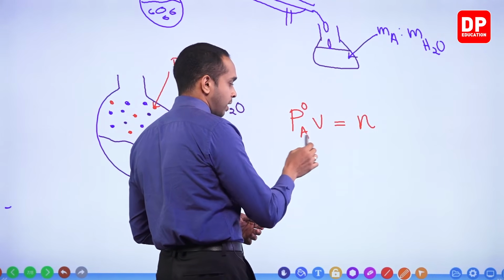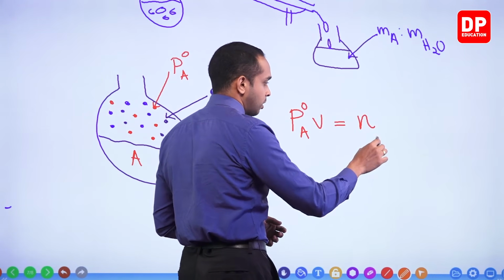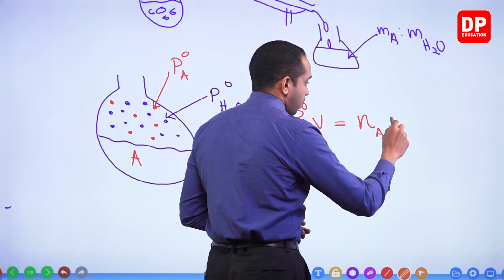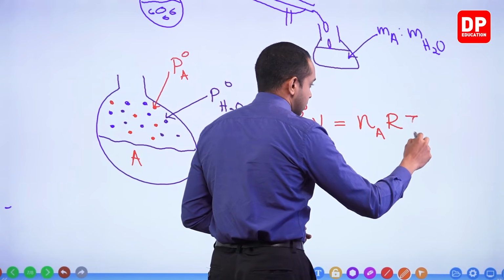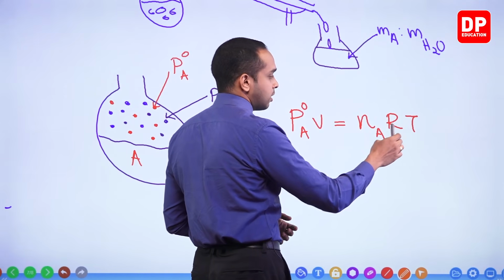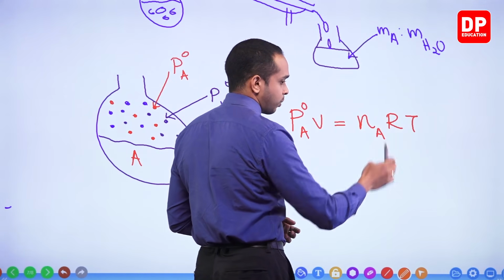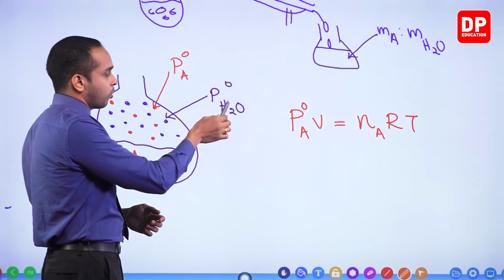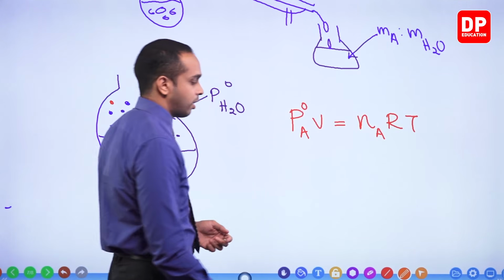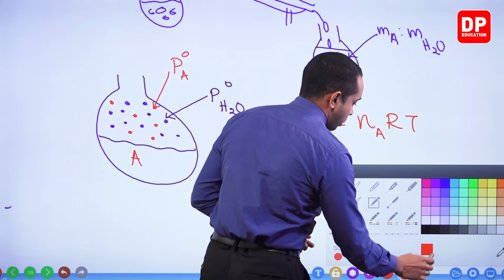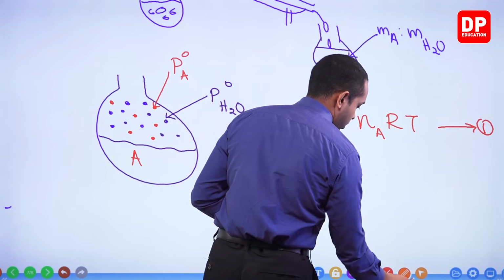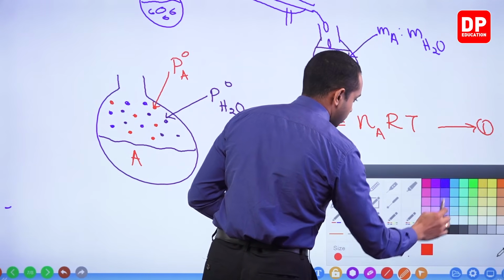To provide this partial pressure of A, there should be a specific number of moles of A, Na, and you have RT, the universal gas constant and temperature. Both the temperature and the universal gas constant for both of these vapors are the same, right? Now let's say this is our expression number 1.